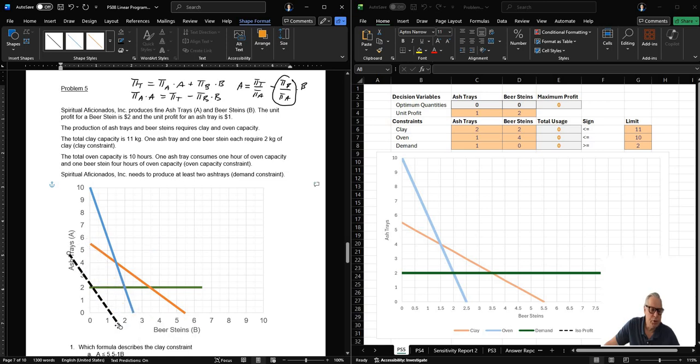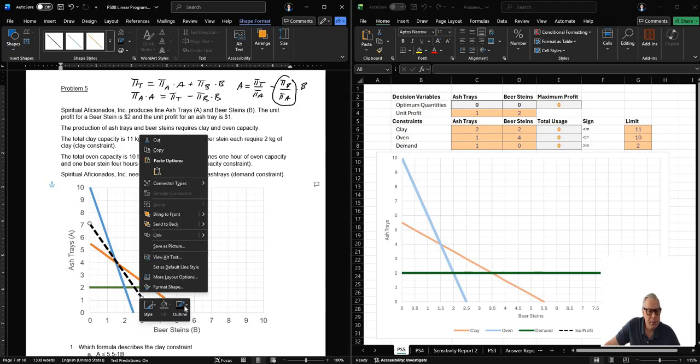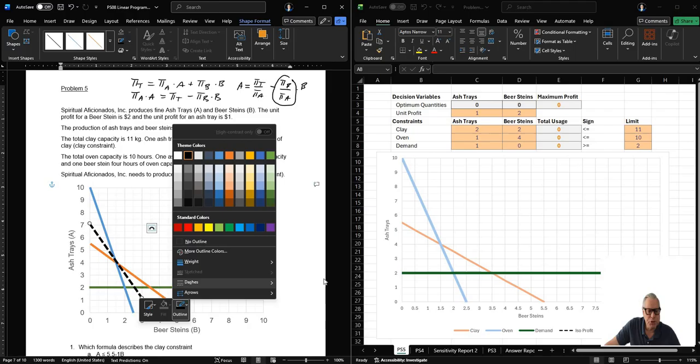And then what we need to do is we want to maximize profit. We want to shift that as far out as we can. And now you can see, actually we can see it better if I make it a little bit smaller.